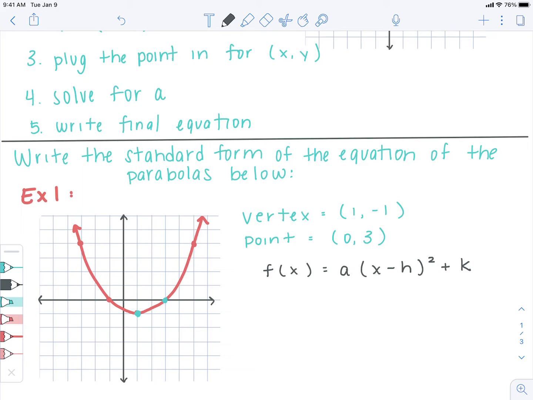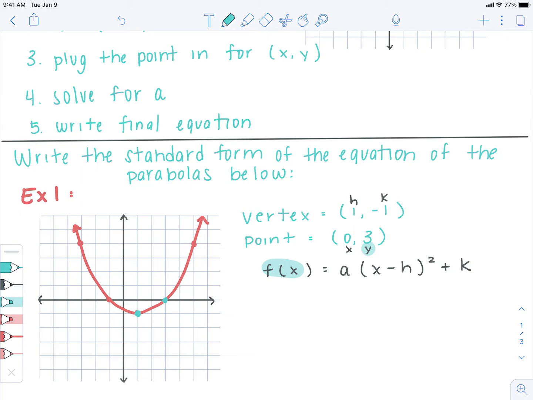So now all I have to do is plug into my equation and solve for a, because I have my h, my k, my x, and my y. f(x) is the same thing as saying y.